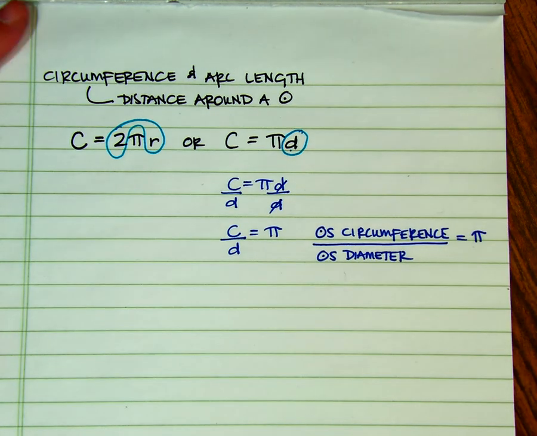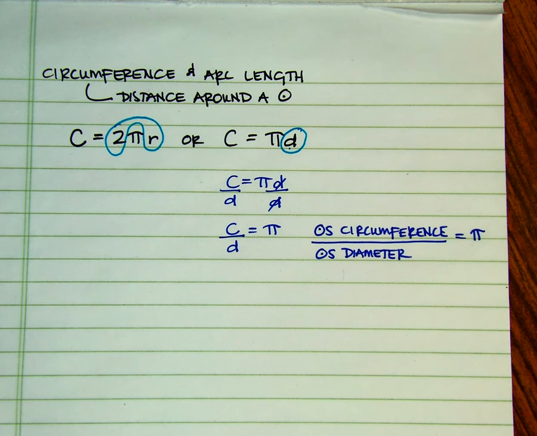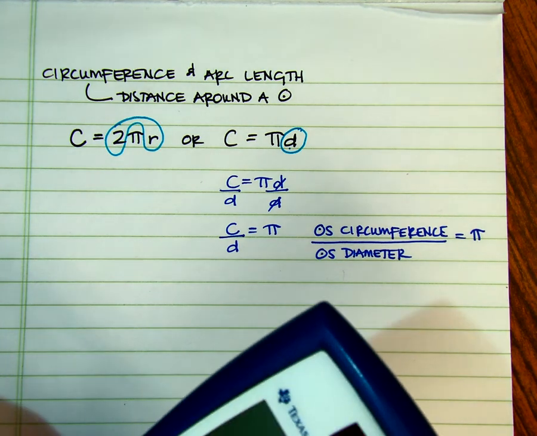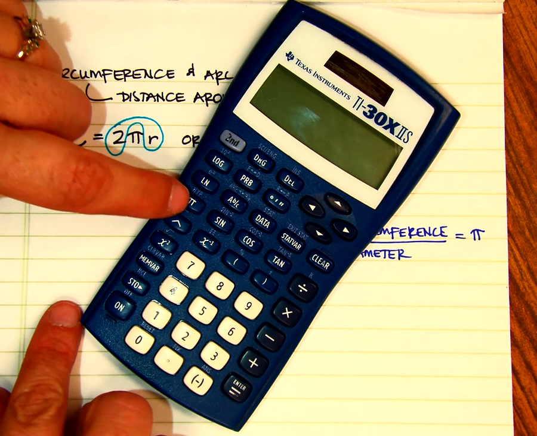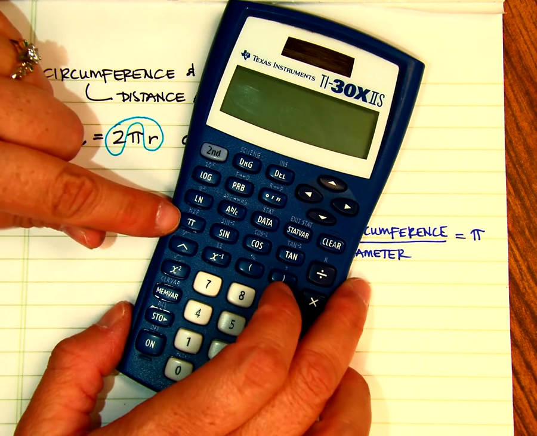Okay, and typically we think of it as being 3.14. There's actually a pi button on your calculator. So if you're using one of mine, it has its own little button right there.